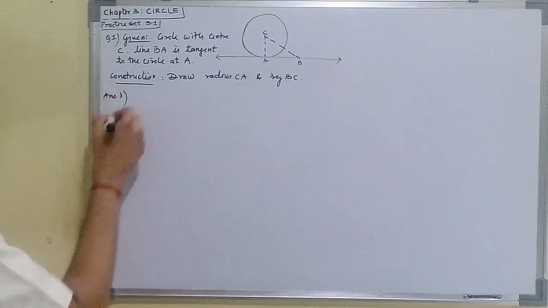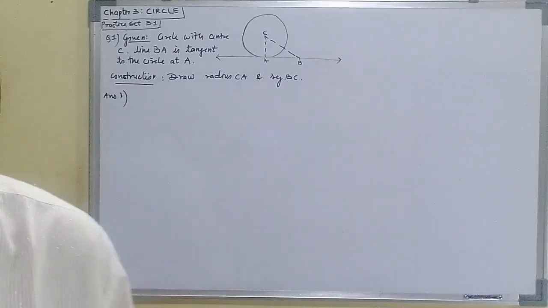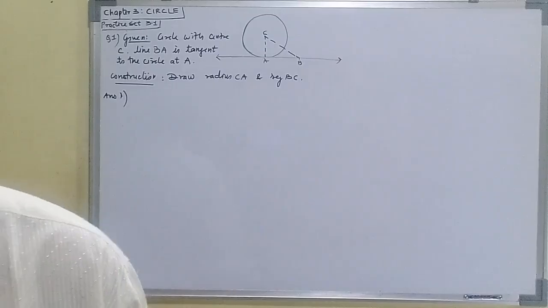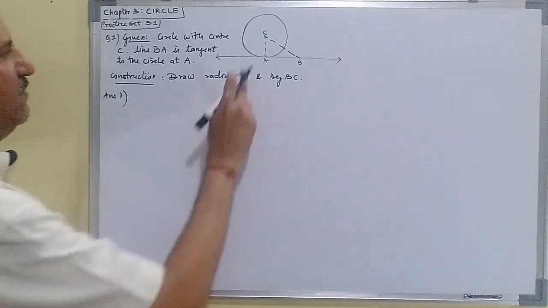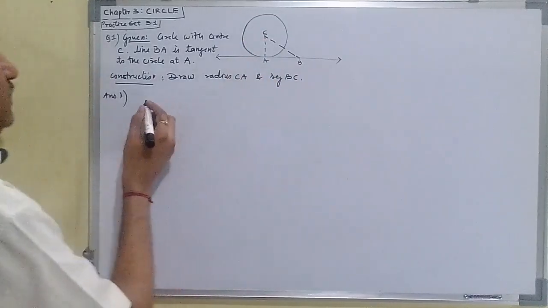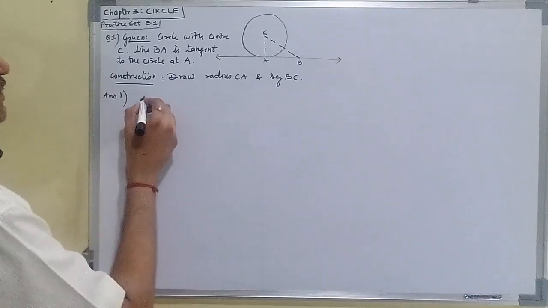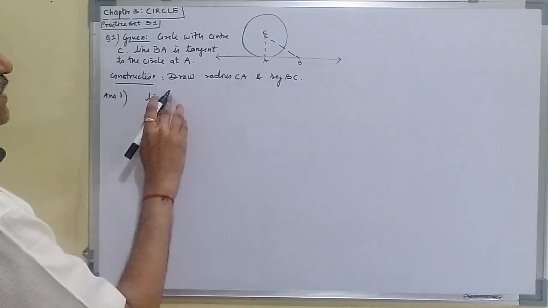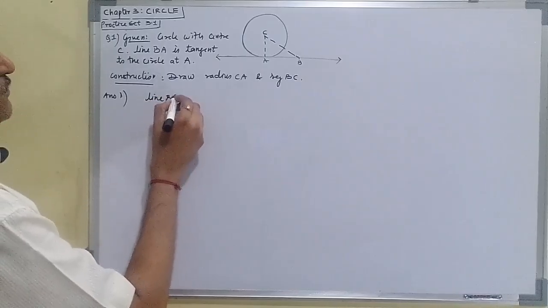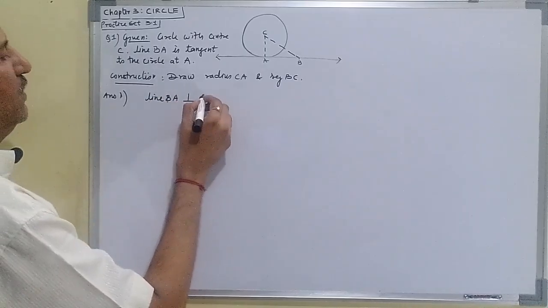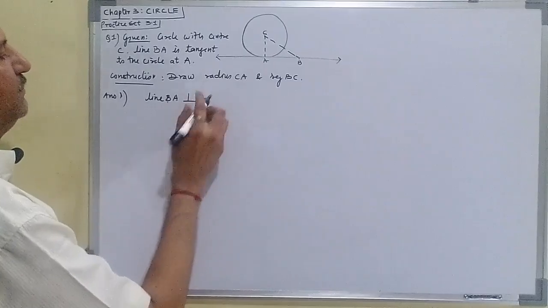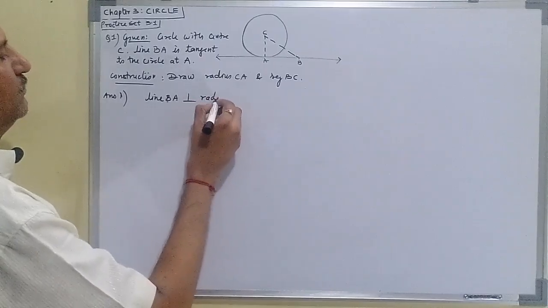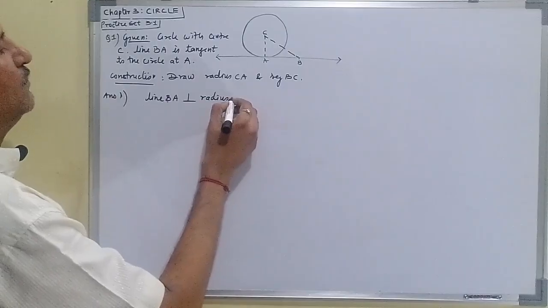Answer 1. What they ask us, what is the measure of angle CAB? You write down: line BA perpendicular to radius CA.